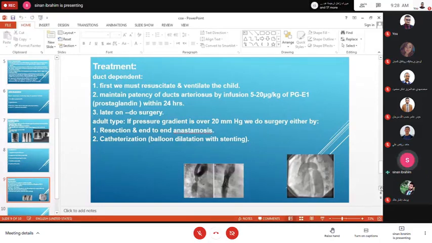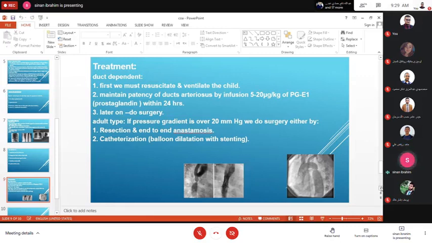So we need immediate resuscitation of the patient: ABC, including cannulation, IV fluid, inotropic drugs for heart failure, digoxin or dopamine, dobutamine, milrinone to increase the pump of the heart, and ventilation of the child if he is severely hypoxic, and also maintain the patency of the ductus arteriosus.